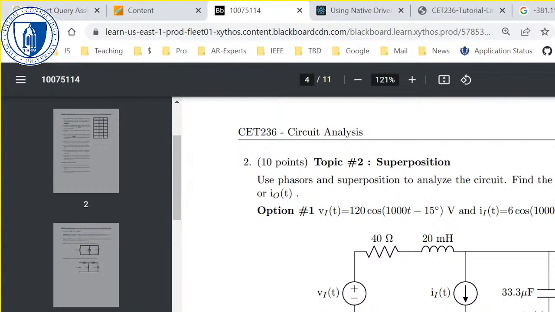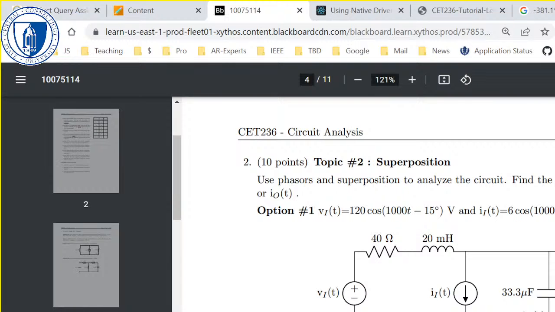Notice the level of complexity has gone up, right? It's not just about superposition. It's also you bringing in the stuff we're going to do next. Resistors, capacitors and inductors in the same circuit. But the idea is pretty much the same.